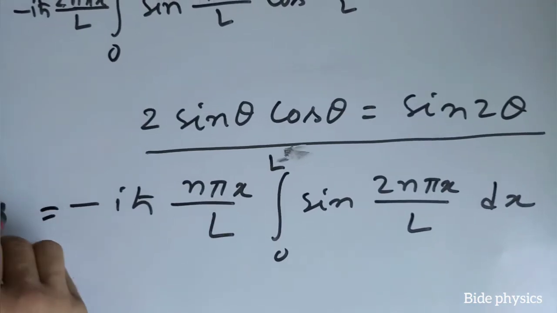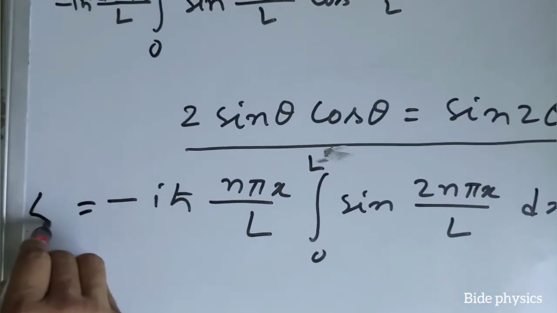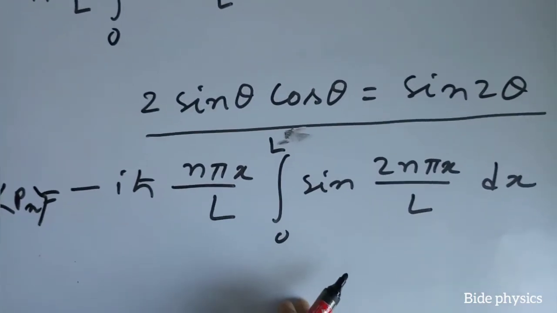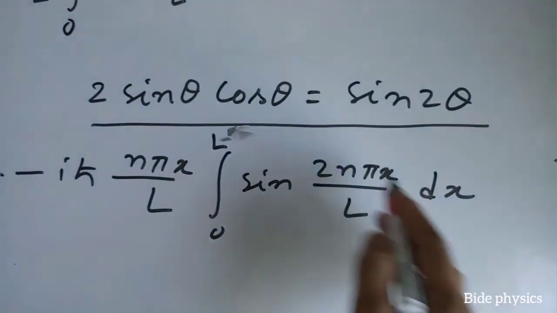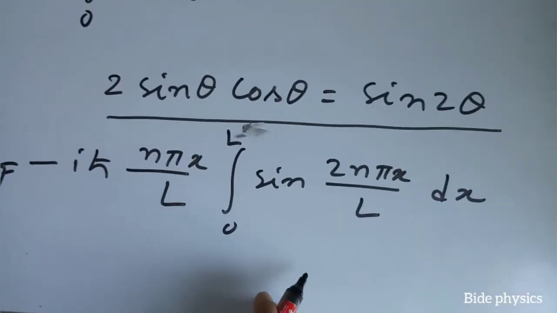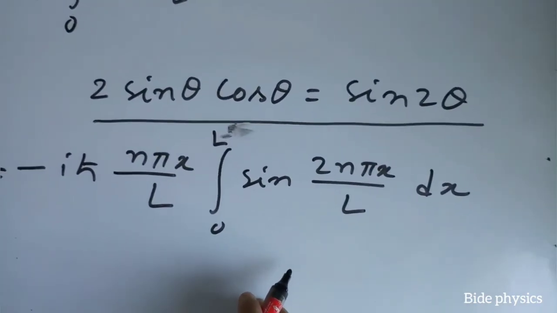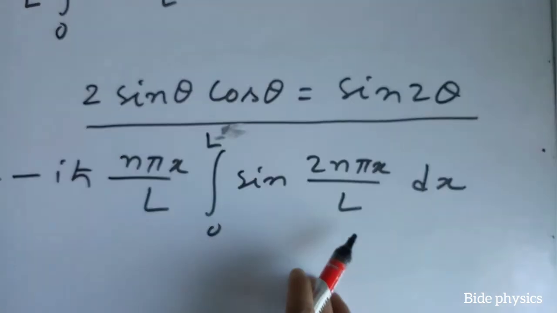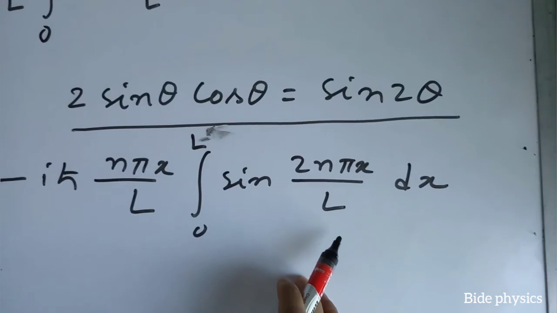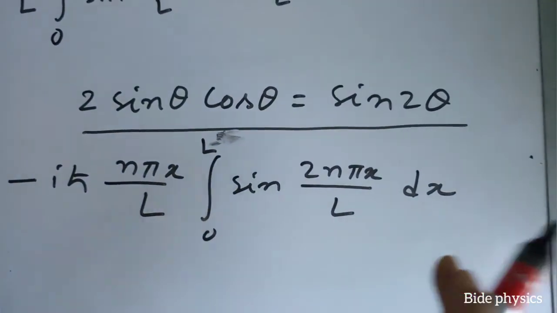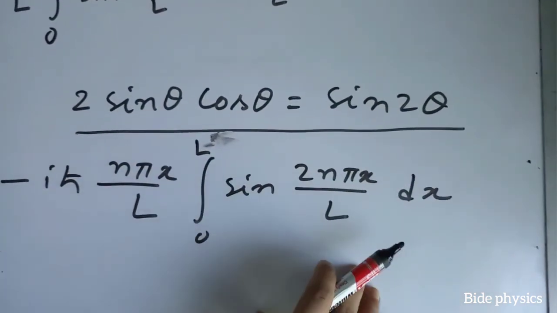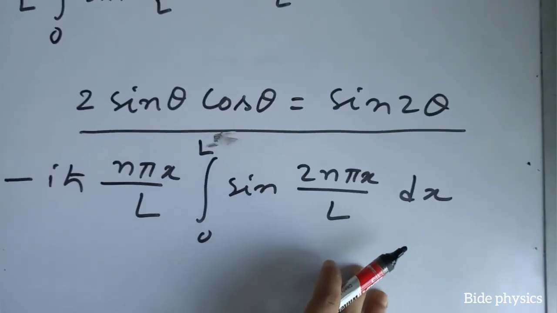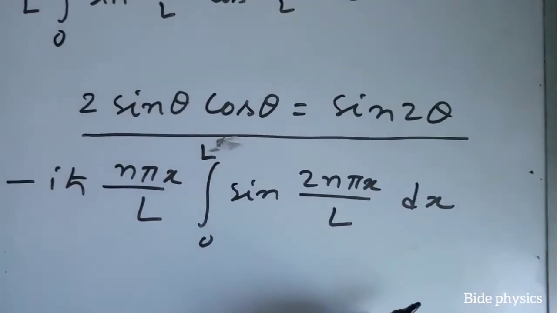We can write px here also. Now, after integrating this term, you will actually get a 0 result, because when you integrate the sine function, you normally get 0.